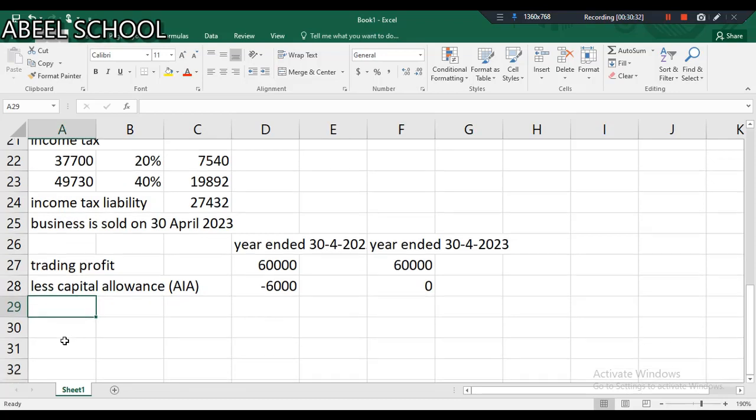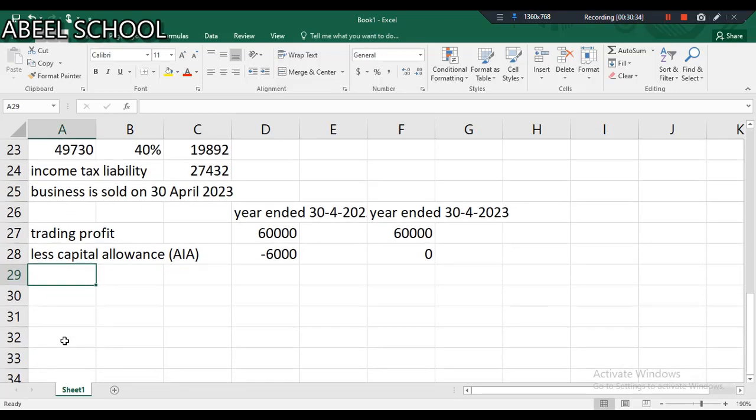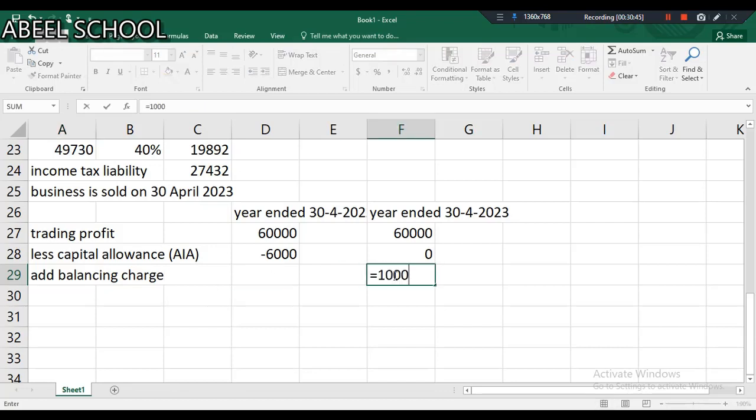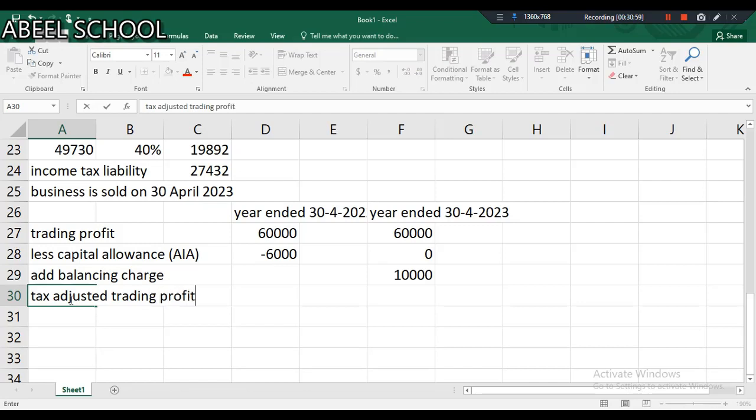Then balancing charge in the last accounting period, which is 10,000. So simply we'll get the tax adjusted trading profits.